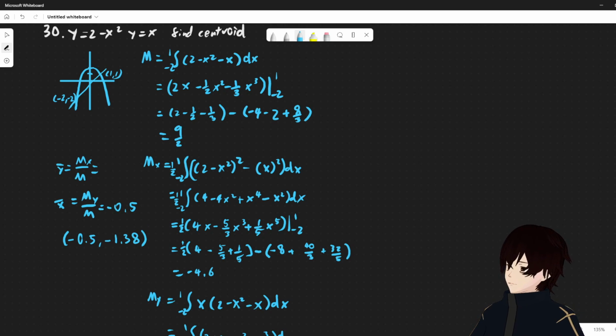Let's check my integral. The integral is 2 minus x squared minus x squared, -2 to 1.